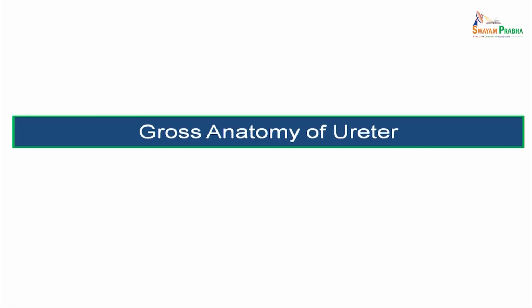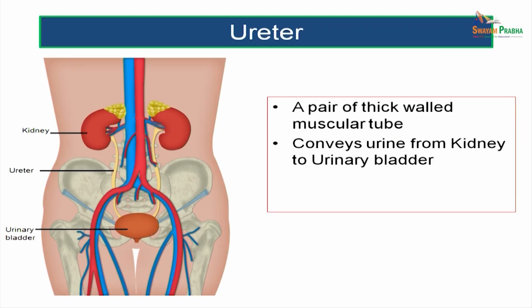For better understanding of the microscopic anatomy of ureter, I will first highlight some of the gross anatomical features of ureter. As you can see from this picture, ureters are a pair of thick walled muscular tubes which convey urine from the kidney to the urinary bladder.